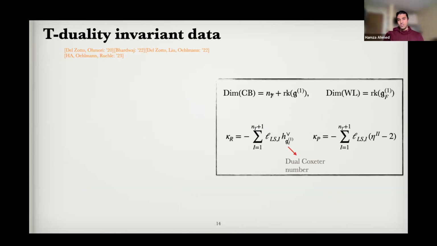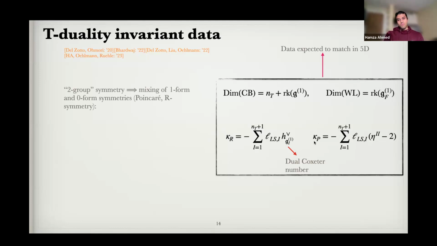The first line, the Coulomb branch dimension and the dimension of the Wilson lines, is essentially just a statement about the equivalence of the number of moduli of the 5D theory, which should, of course, match for any T-dual theory. And this is encoded in the rank of the flavor algebra and the total rank of the 5D gauge algebra. The second line is slightly more interesting.